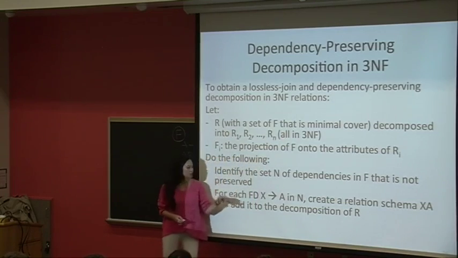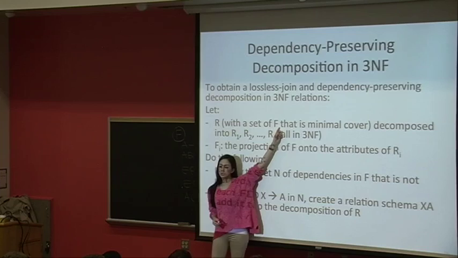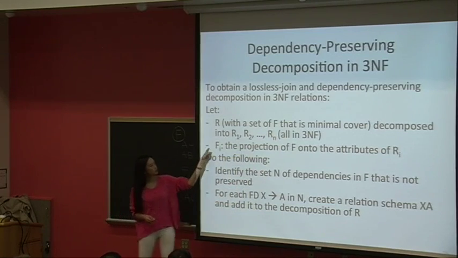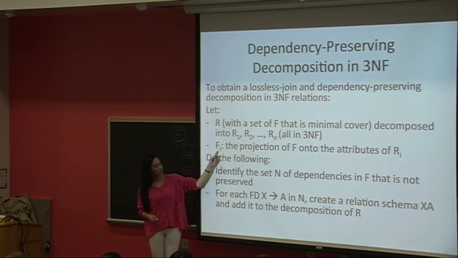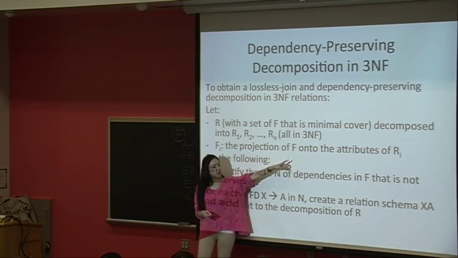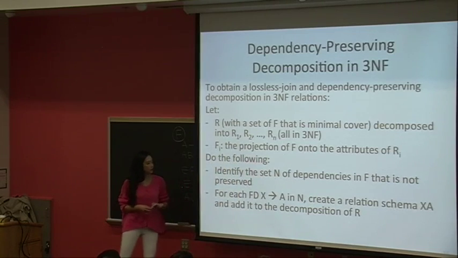Before you do any of this checking, you already transform F into its minimal cover. And here, Fi, like we talked about earlier, is the projection of F onto the attributes of Ri. That's how we denote it.